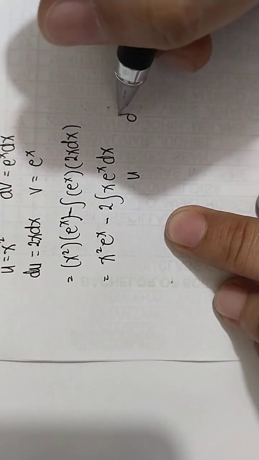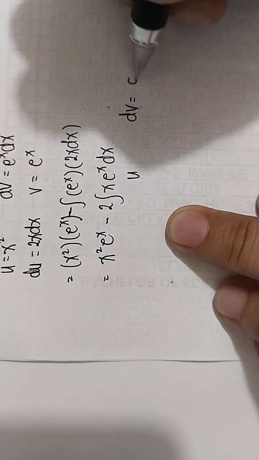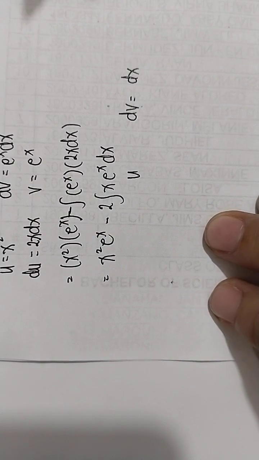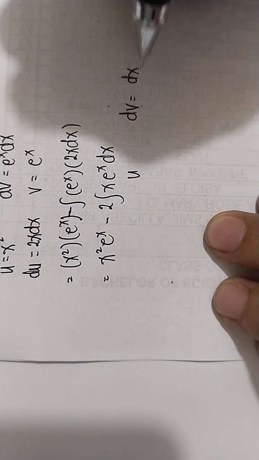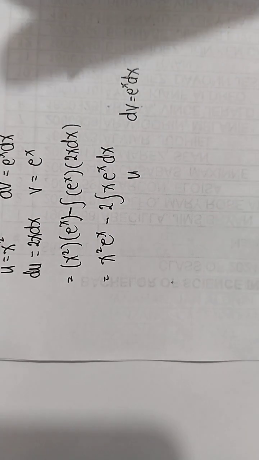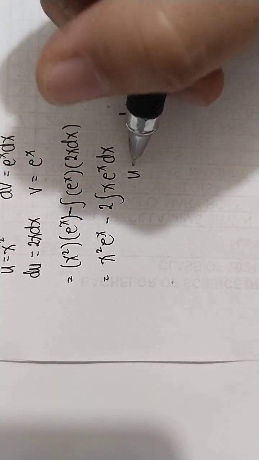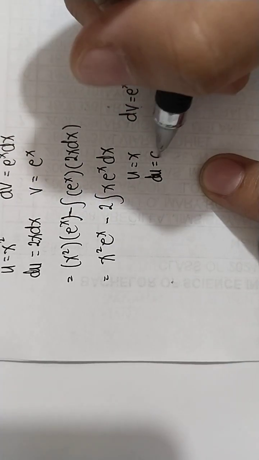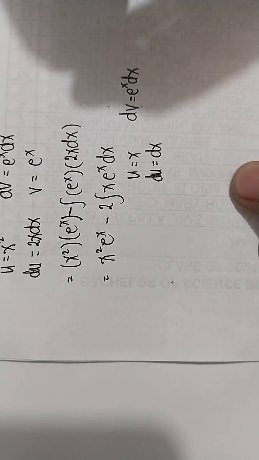So you have to pick u and dv again. dv includes dx, so you have two choices, x and e^x. So the complex one that can still be integrated is e^x. Therefore, the remaining will be your u. And if you differentiate it, it should be simple, which is simply dx.